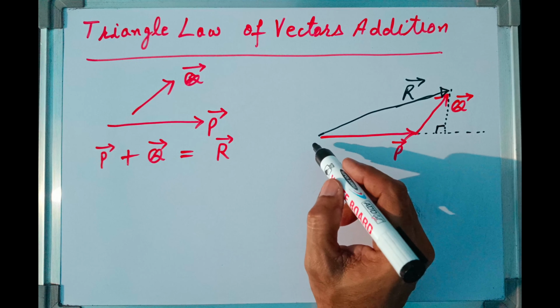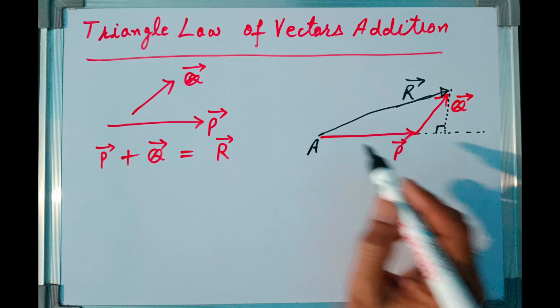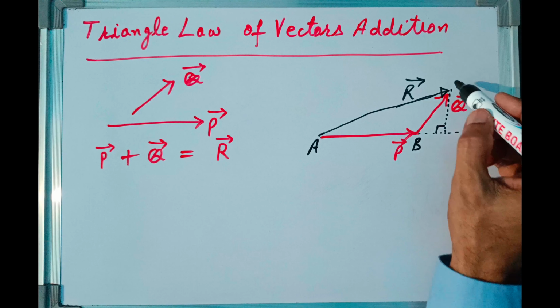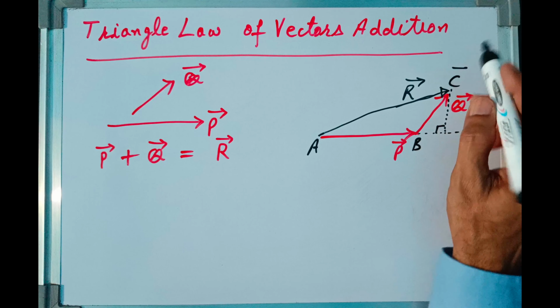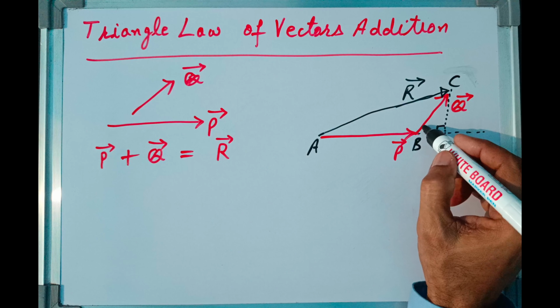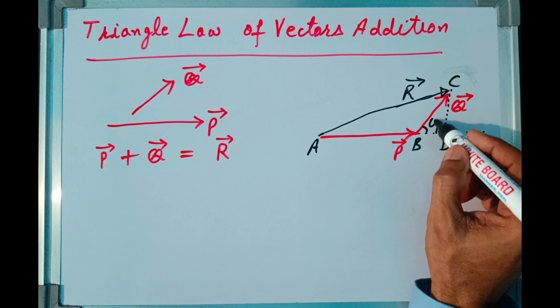Let me call these points as point A, this point as point B and this point as point C. Let me call this foot of perpendicular as point D. Suppose this angle is theta.